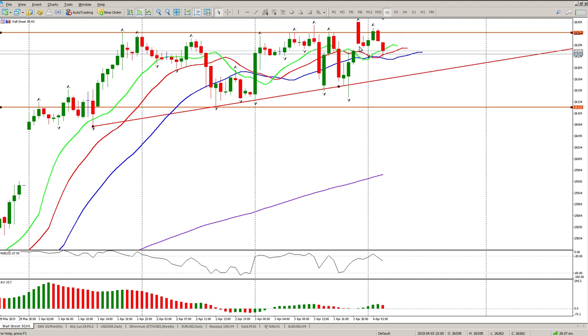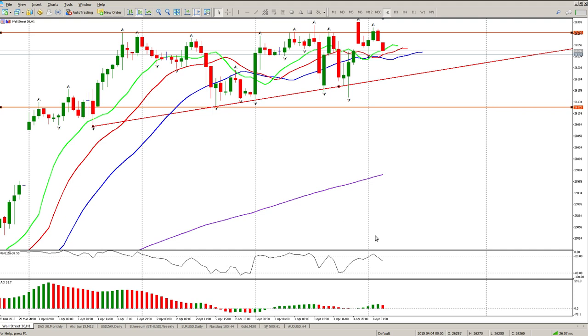All of this price action from this long bar here is after hours, so it could indicate that we're trying to get above it, or it could just be a little bit more confusion.